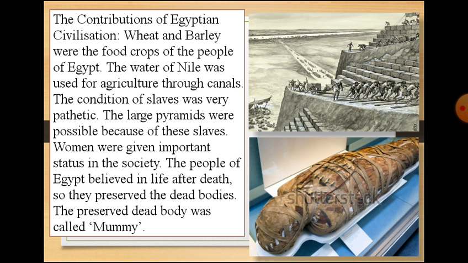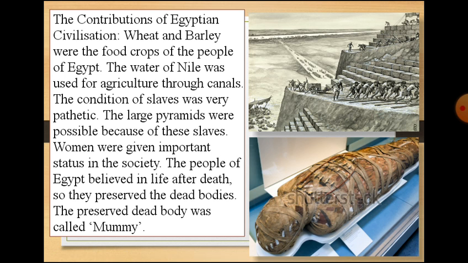In the last part, we read that the people in Egypt believed in life after death. That is, after the kings had died, especially the kings, their bodies were buried, but their parts were removed and preserved in some liquids.